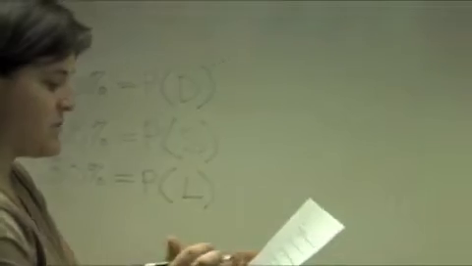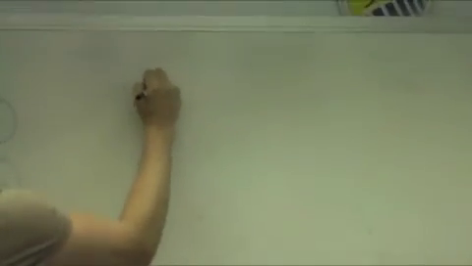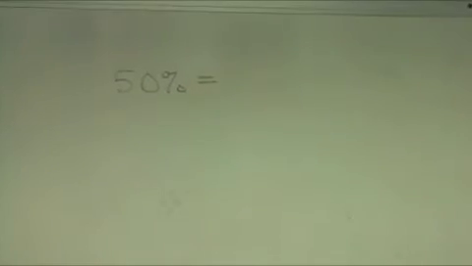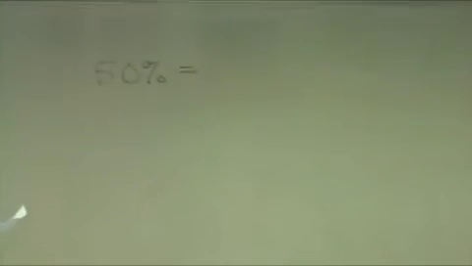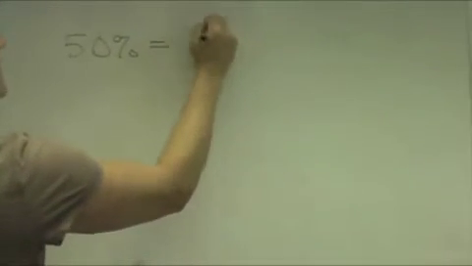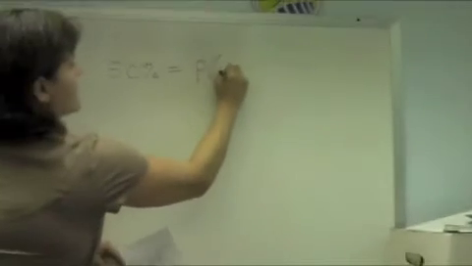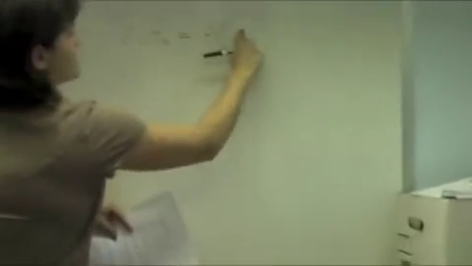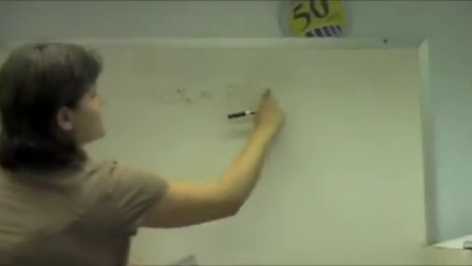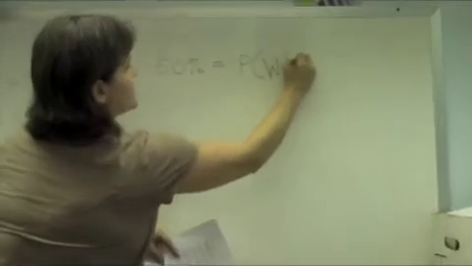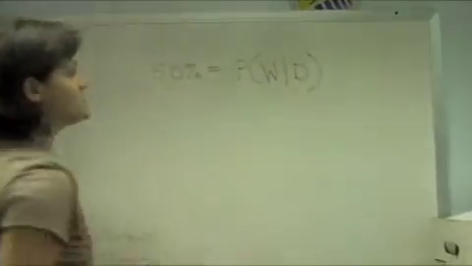The next probabilities that you're given, the next 50%, actually corresponds to a car being white, but it also has to be made in Detroit. So this is the probability that you have a white car given that it was made in Detroit.